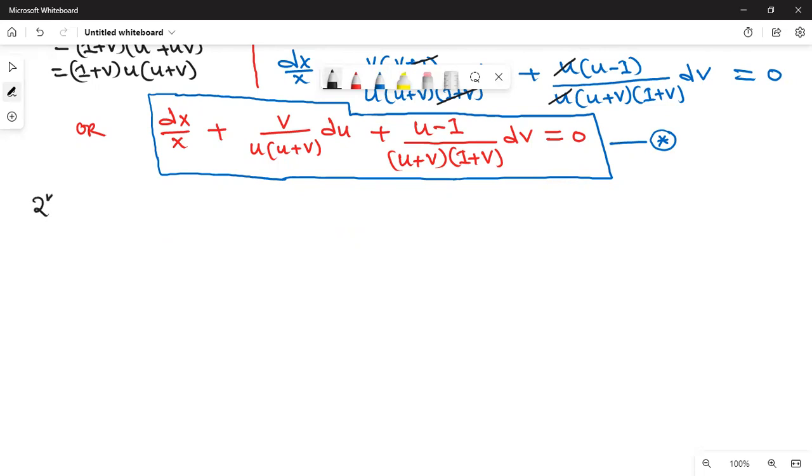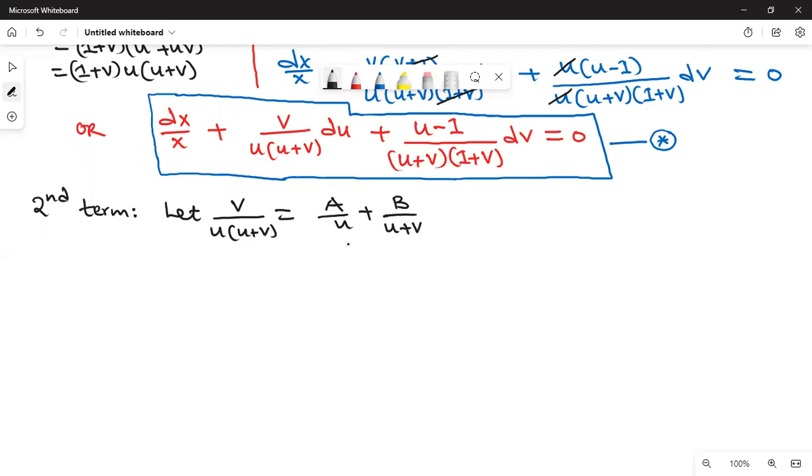So second term, we are going to say let v over u into u plus v be equal to a over u plus b over u plus v. And I told you when the denominator is a linear factor, the numerator must be a constant.